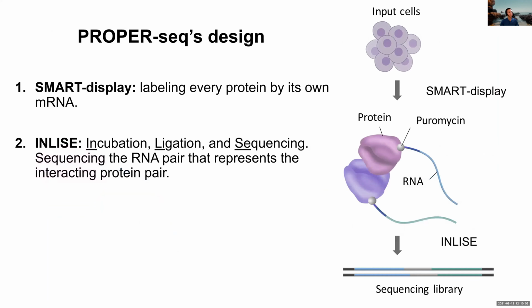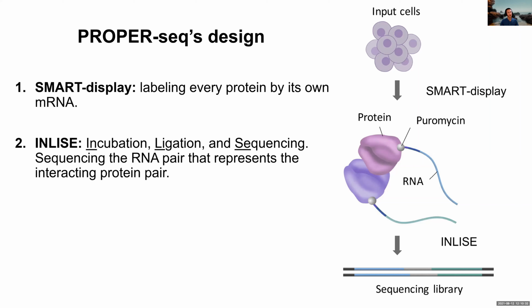The PROPER-seq design is as follows. There are two major steps. The first major step is to take input cells and label as many proteins by a unique RNA sequence as possible. Hopefully all proteins are labeled by a unique RNA of that protein.